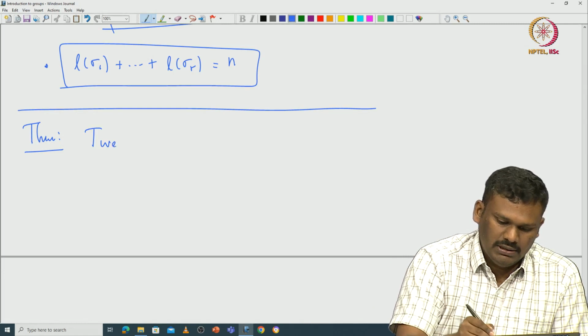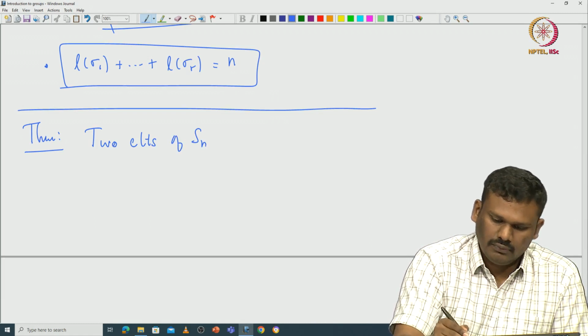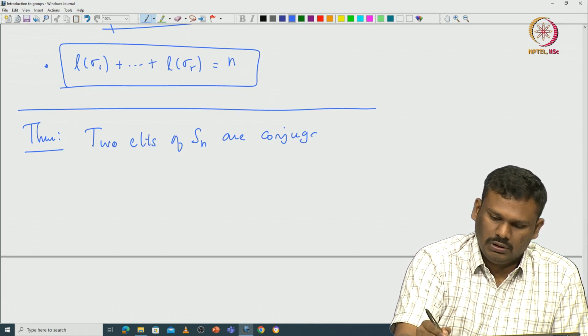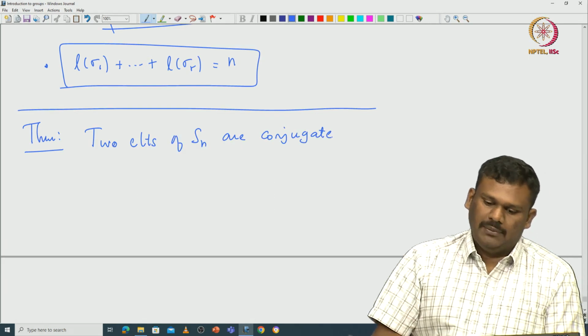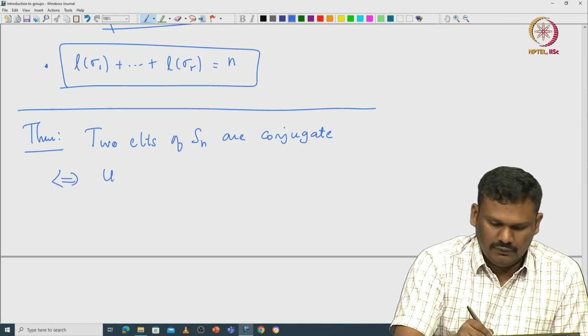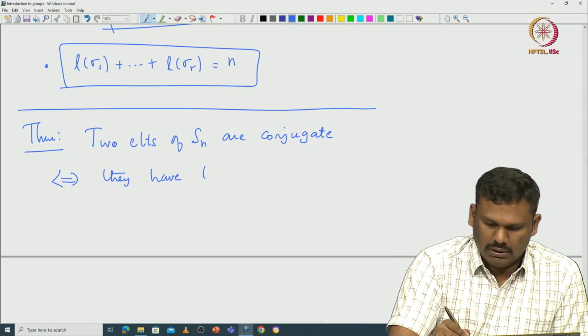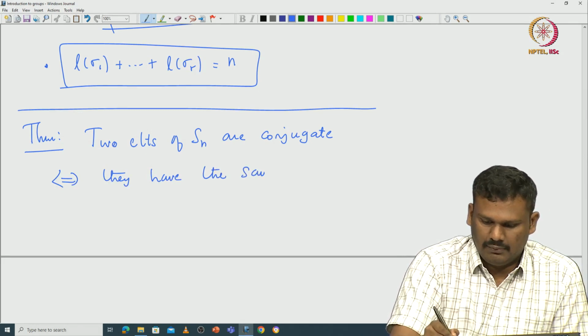Two elements of Sn are conjugate, or they are in the same conjugacy class, if and only if they have the same cycle type.